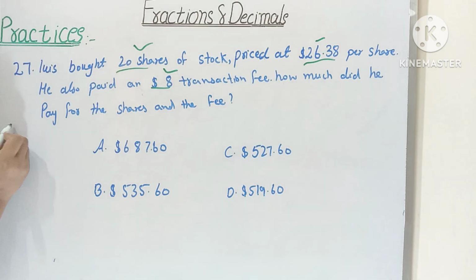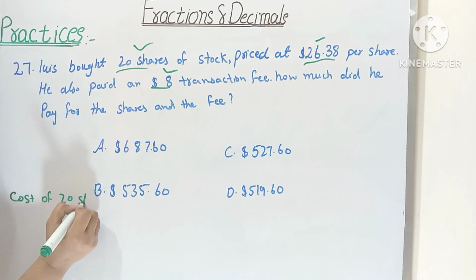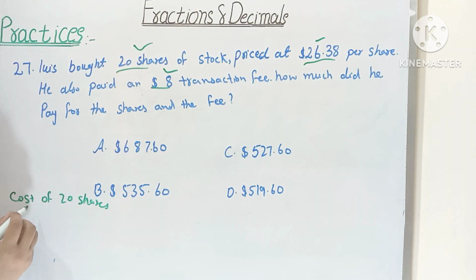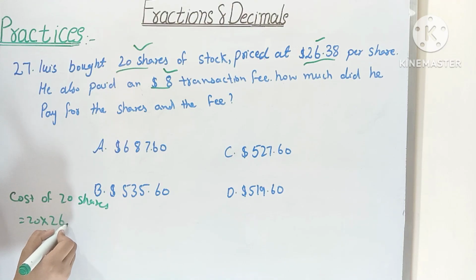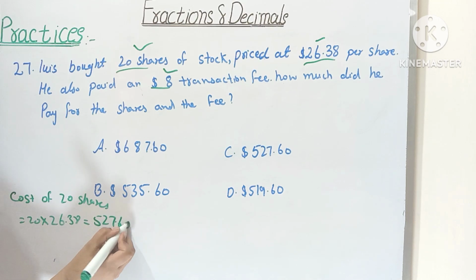Cost of the 20 shares: 20 multiplied by $26.38 is $527.60. Add the transaction fee. Lewis also paid an $8 transaction fee.